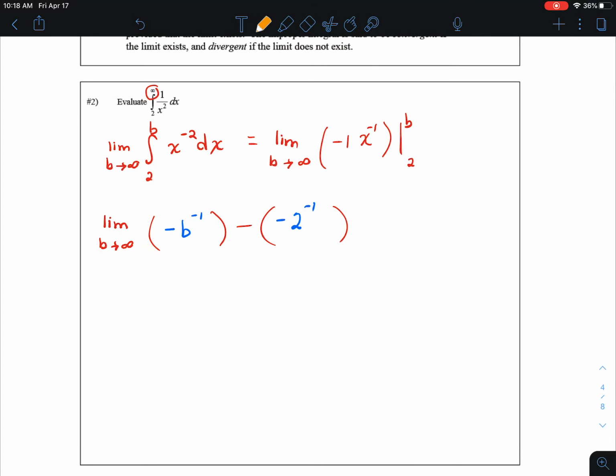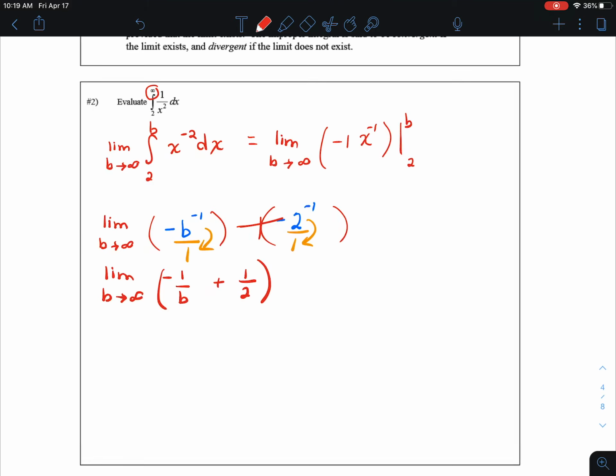Now here's the step where it's going to make evaluating this limit so much easier. If things have negative exponents on them, drag those down to the denominator so they're placed in a way that you can evaluate the limit much easier. So you can see how I'm doing this here. I've got negative 1 over b for my first fraction.